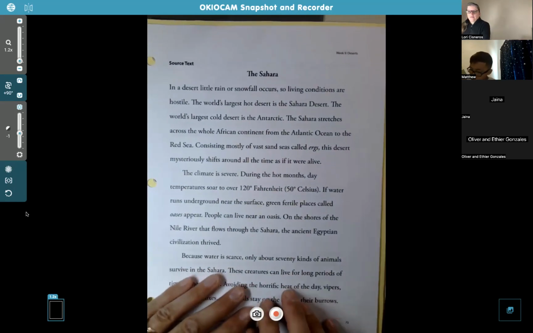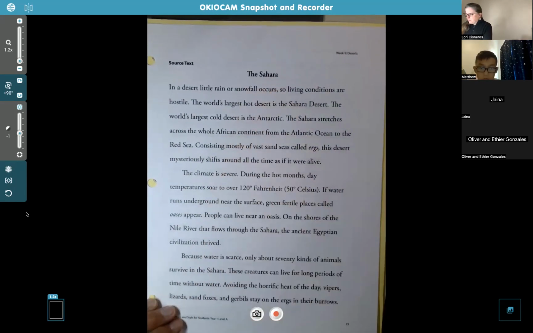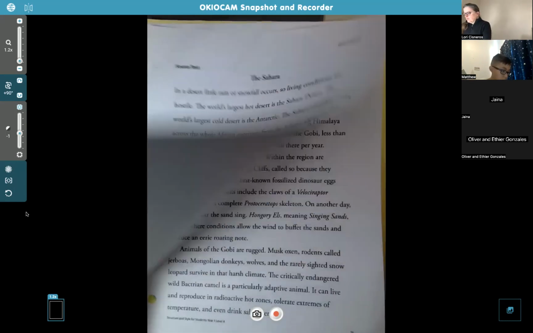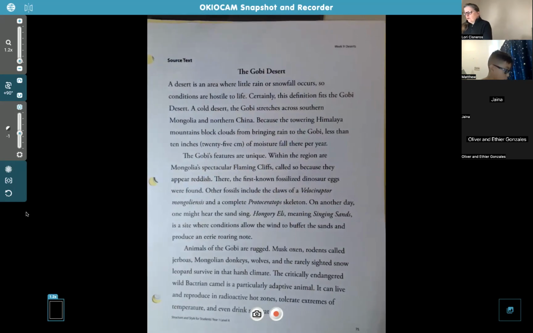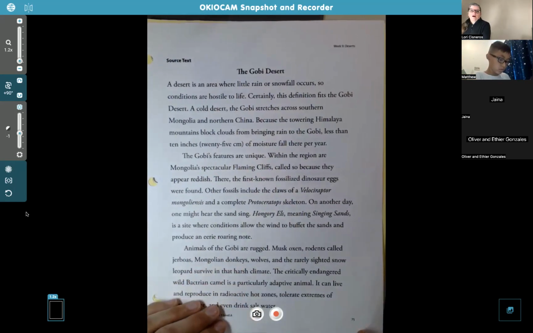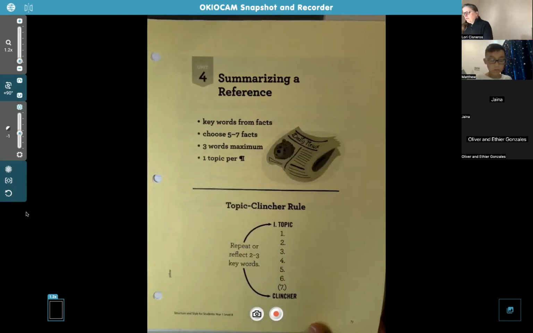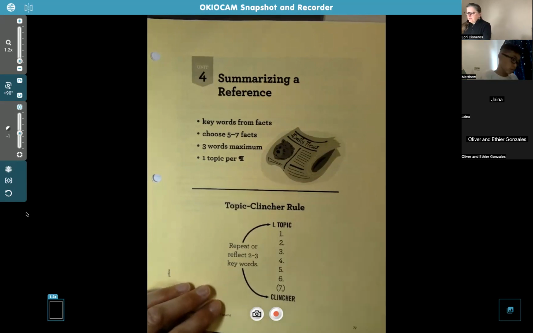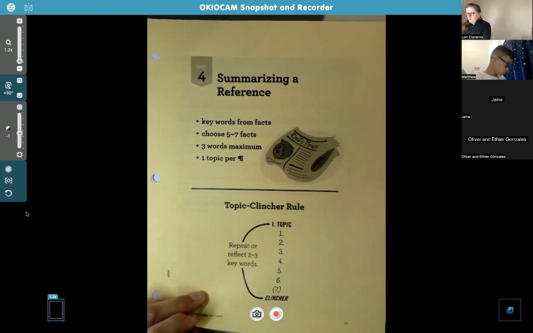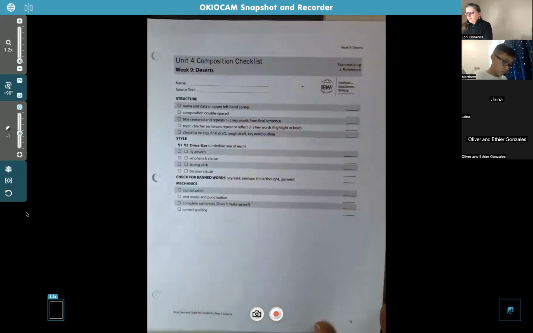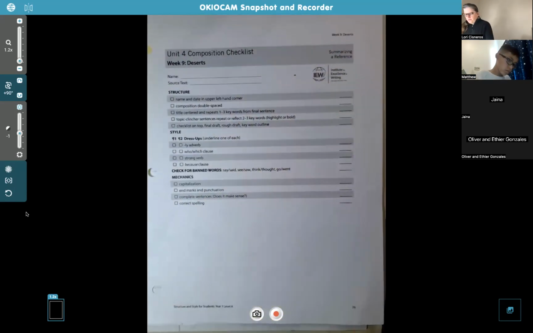You need this one that says the Sahara, that's page 73. You also need this one called the Gobi Desert, that's page 75. And then this yellow page, 77. And then page 79. So those are the pages you need.